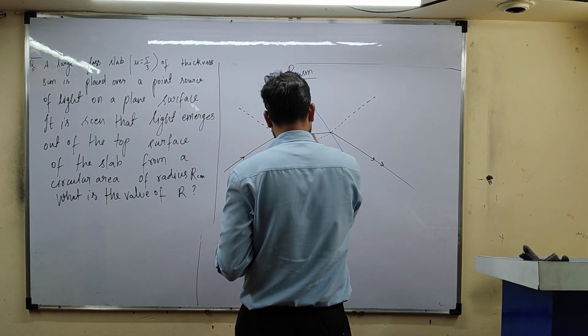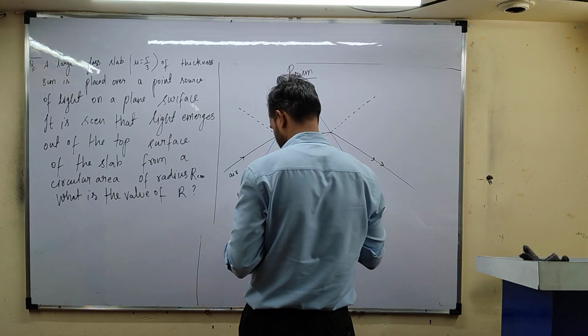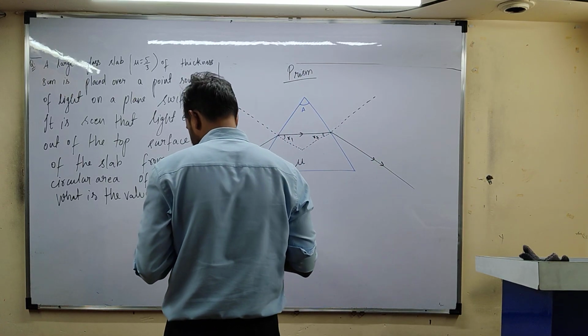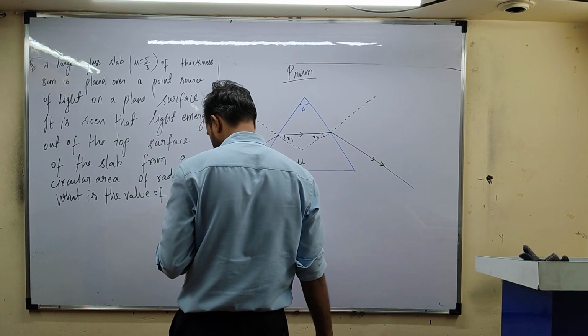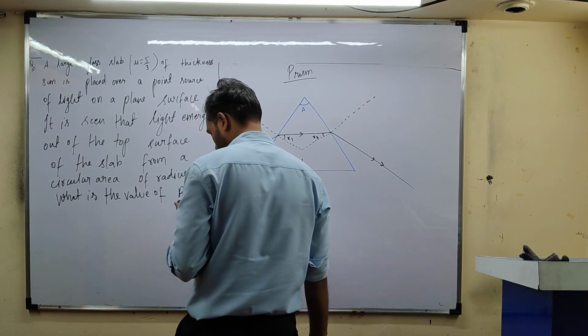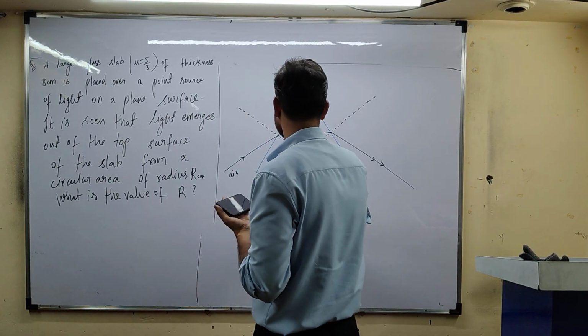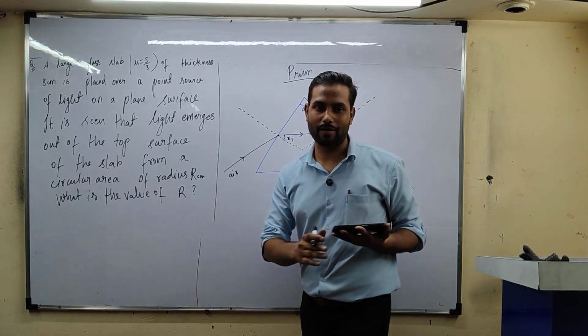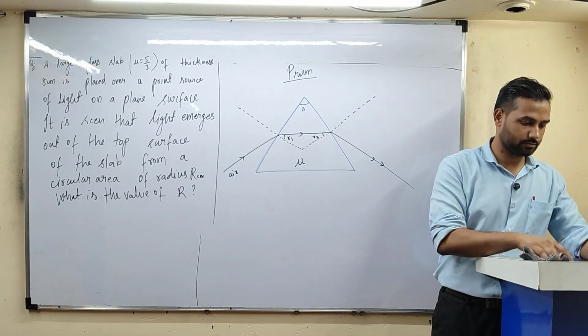This one is R1. This angle is R2. Okay. Angle of prism. First thing you have to write angle of prism.